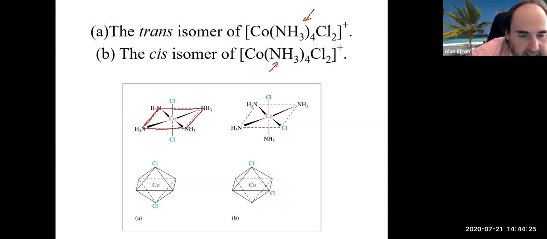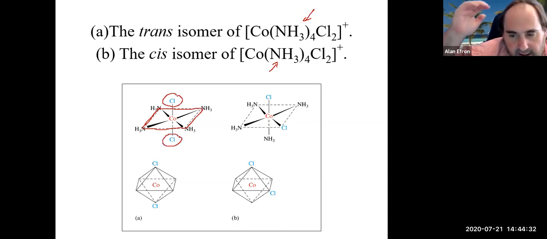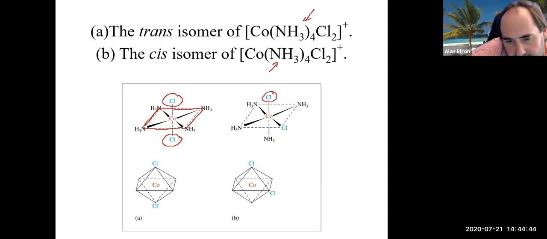Above and below that plane, you have the Cls, so on opposite sides of the plane, and that is our trans configuration for this isomer. That's different than here, where our Cl and our Cl have moved to the same side of our plane. And that's going to be our cis isomer.